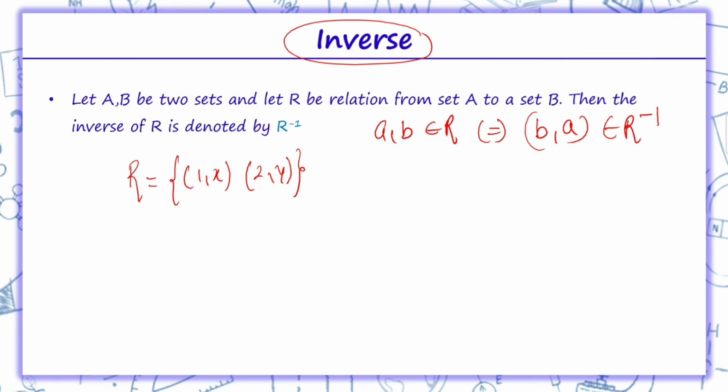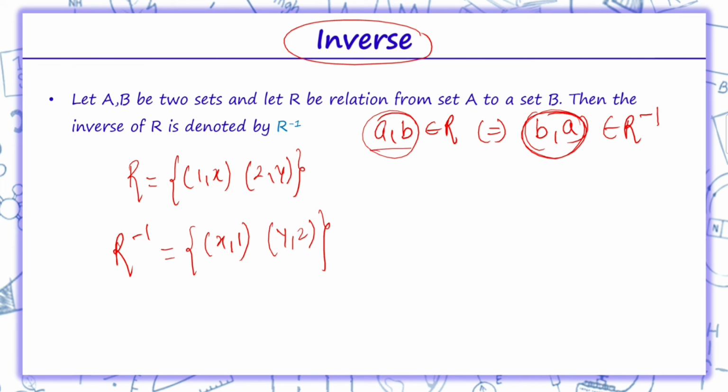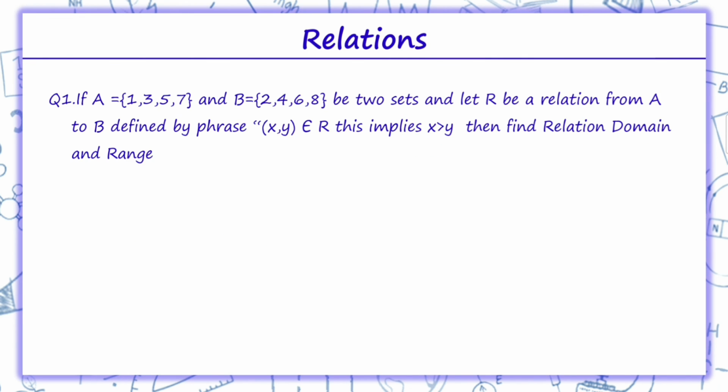So if R is 1x and 2y, R inverse will be x1, y2. The order will be reversed. In a relation it is ab order, so in R inverse it becomes ba.